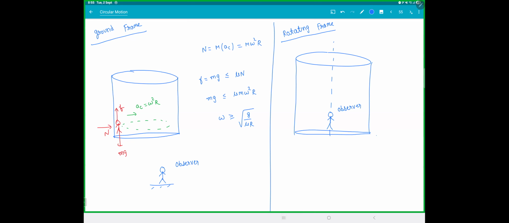If you ask this person to draw the FBD, he will say there is a friction, there is an mg, there is a normal reaction. And since you are going in a circle, there will be a centrifugal force, which is m omega square r. Like I said, when you're standing in the center, centrifugal force, pseudo force, everything is same. So don't get confused. Keep it simple for now.